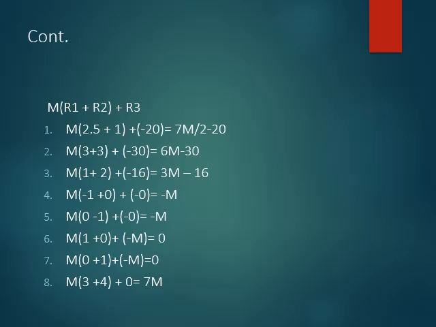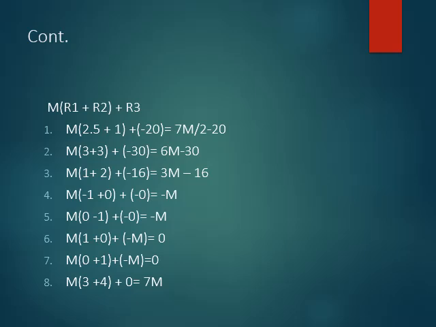R3 is the lower row. So these figures 2.5, 1, negative 20 are all coefficients of x1.